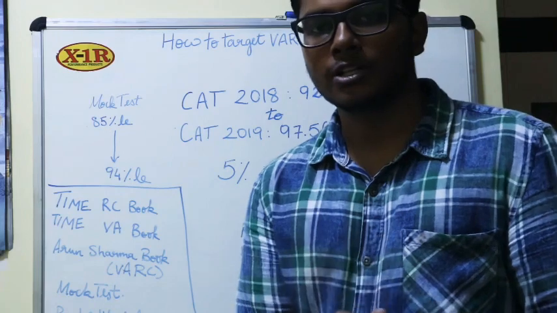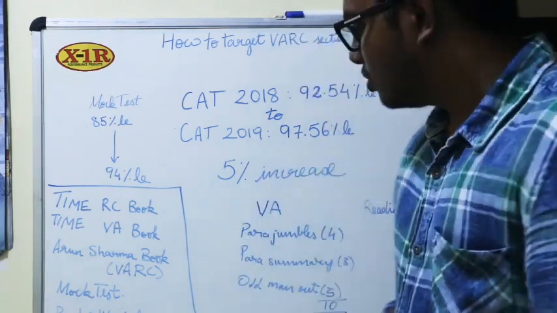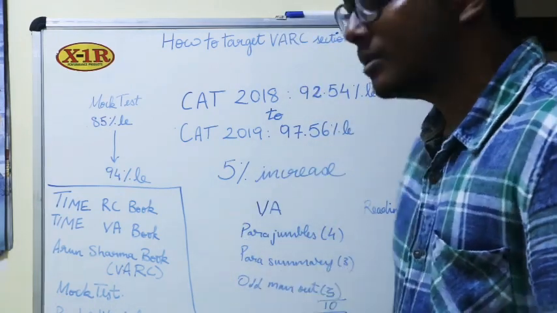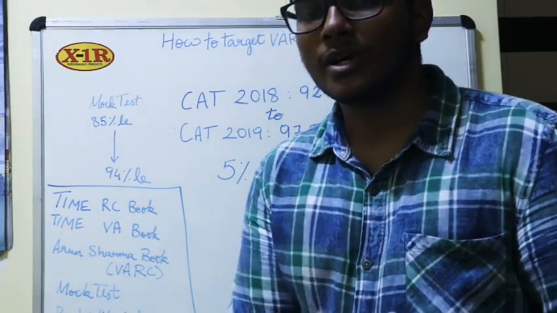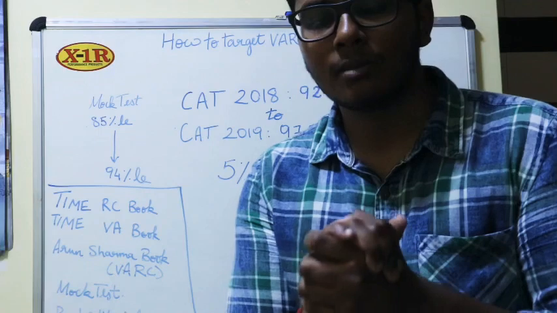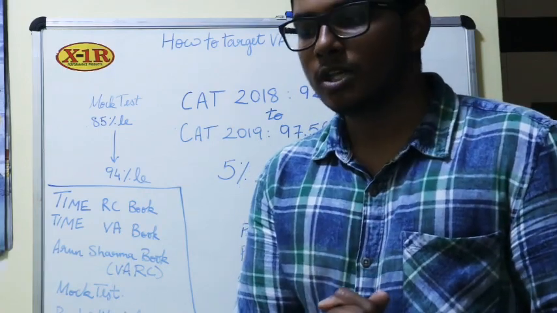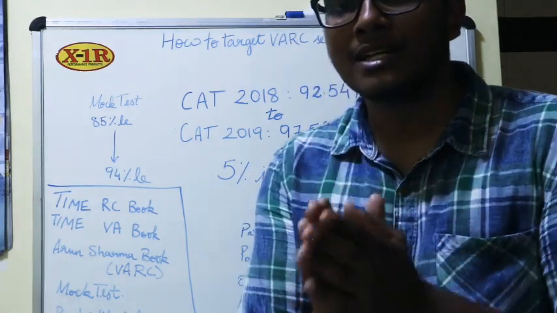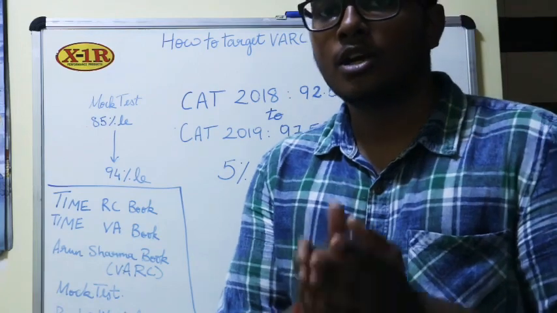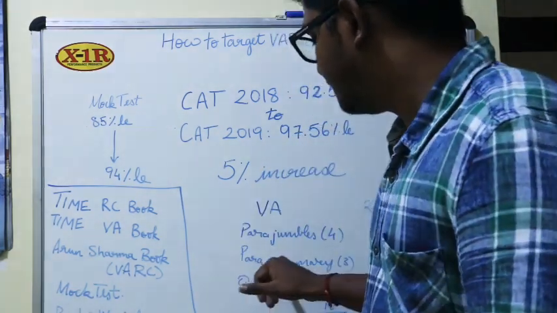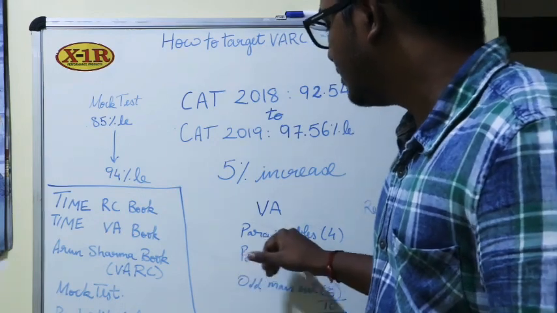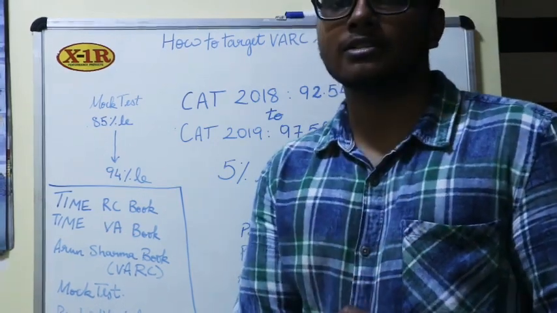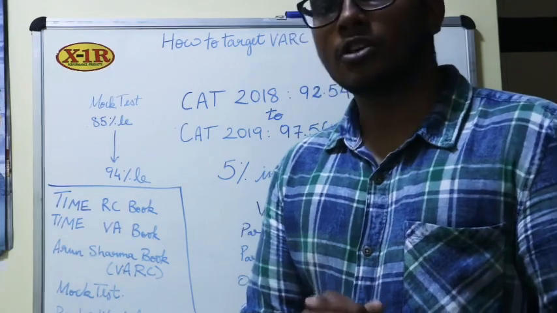Para summary is a type of question where you can only answer if you have a good command over the language. If you are able to understand in depth whatever you read, you will be good in para summary. In odd man out and para jumbles, it's all about practice.